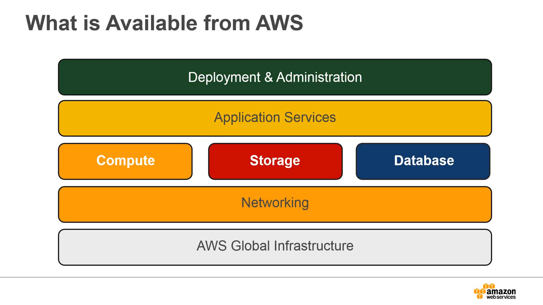On top of that global infrastructure, we have networking. This is networking both from the perspective of into our regions. That networking is very fat, high bandwidth pipes, and we have high bandwidth between our regions. In addition, when you're actually deploying your solution into one of our regions, you can really have a lot of control over essentially what your piece of that network looks like through a capability we call virtual private cloud.